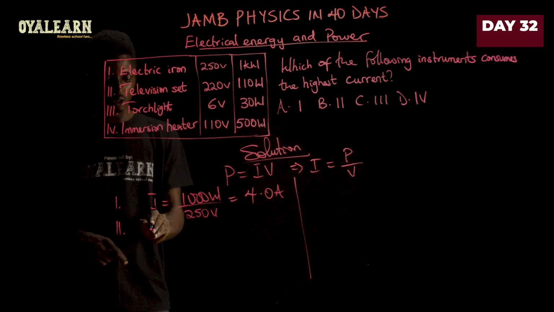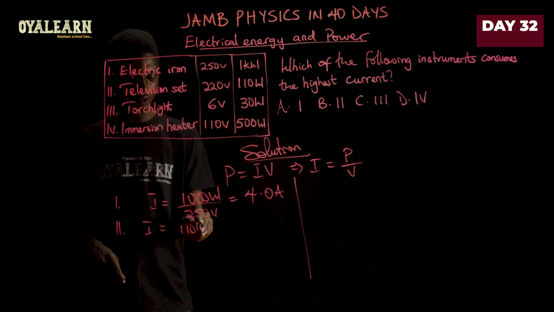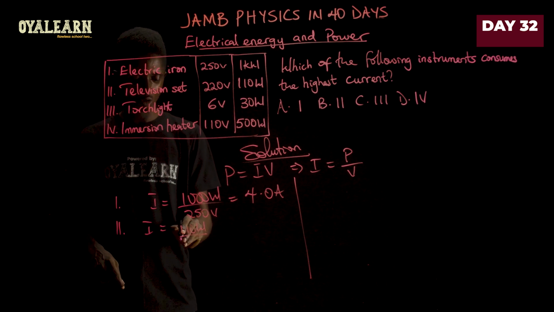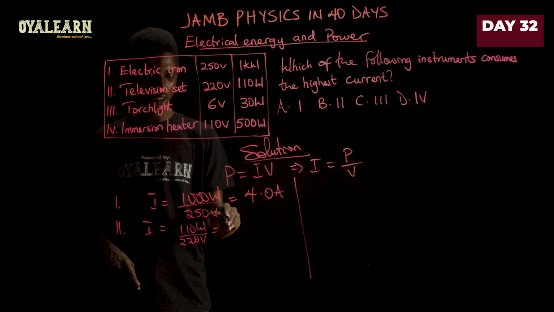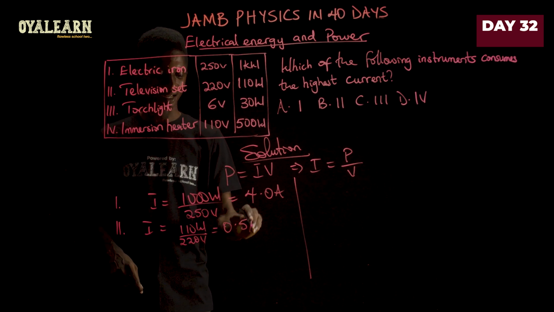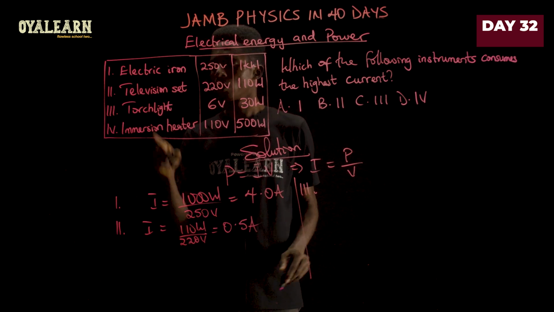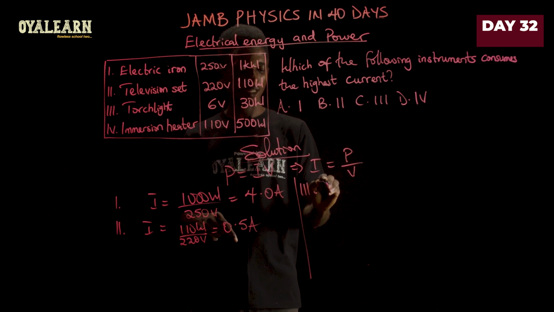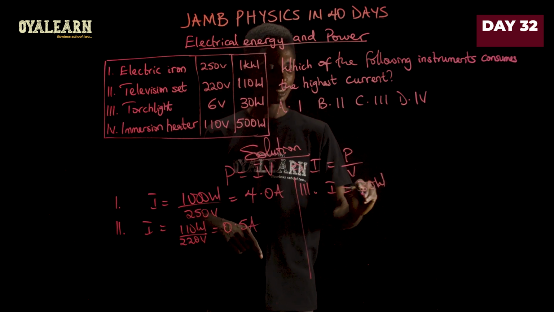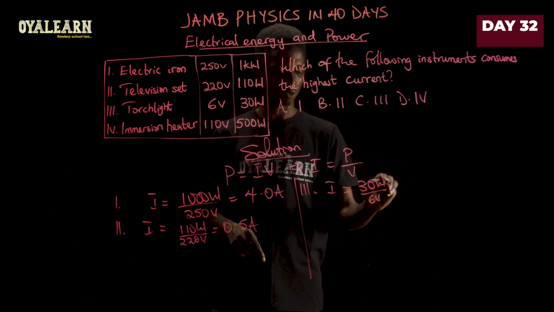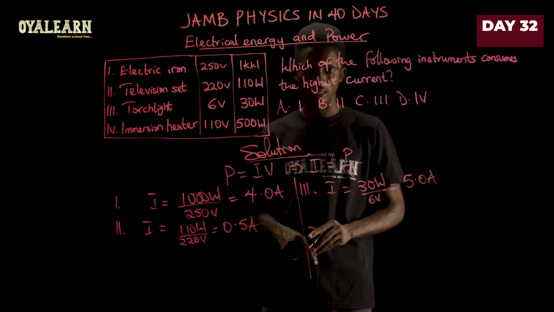For equipment 2, the current is 110 watts divided by 220 volts, and this would give us 0.5 amperes. Now, equipment 3, that's a torchlight. The current is 30 watts divided by 6 volts, and this will give us 5.0 amperes.